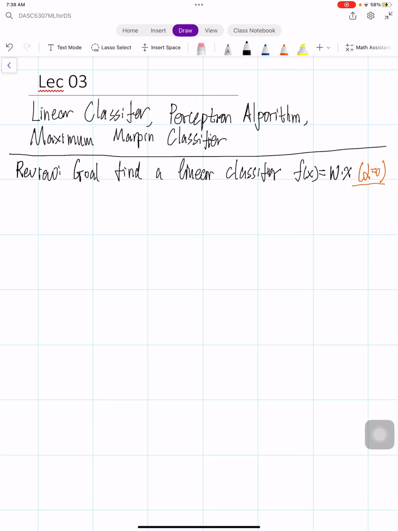Remember, the decision boundary h is all the points on the feature plane such that the decision function equals 0. If the decision function is positive, we classify that as class C. Otherwise, we do not classify as class C.